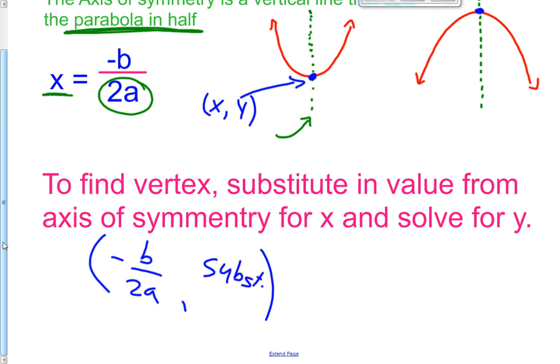I'll tell you how to do that later on in our notes for today. The y value is what you get by substituting the axis of symmetry for the x value. So that's how we find the vertex.